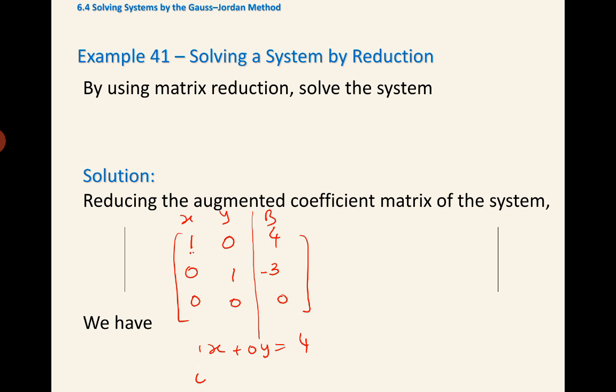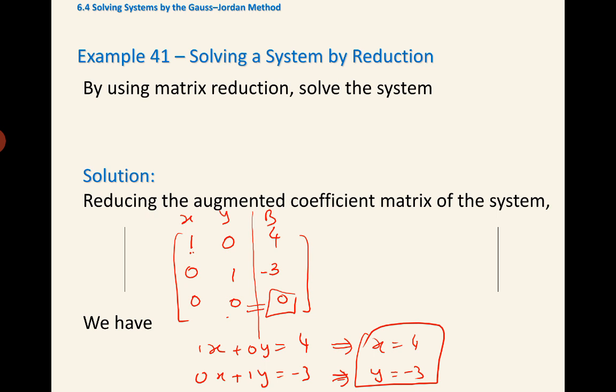The second one is 0 times x plus 1 times y is equal to negative 3. The third row gives 0. If there is a non-zero element here, then it is inconsistent, because it is not equal. So x is equal to 4, y is equal to negative 3. That is the solution of the system that will satisfy the given problem. That's the end of this problem.